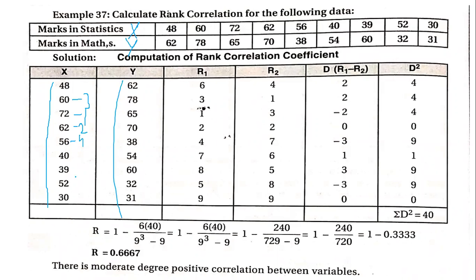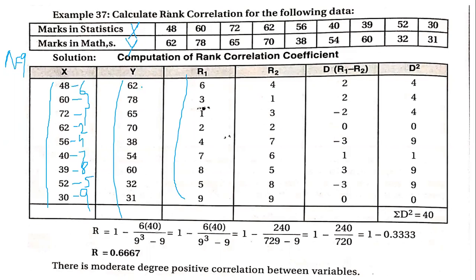Then after 56, anything else in 50? I have 52. So this will be fifth. After 52, something in 40s, 6, then 7, then 8, and then 9. So here we have 9 data. So n is equal to 9 and we have 9 ranks which we will put here.